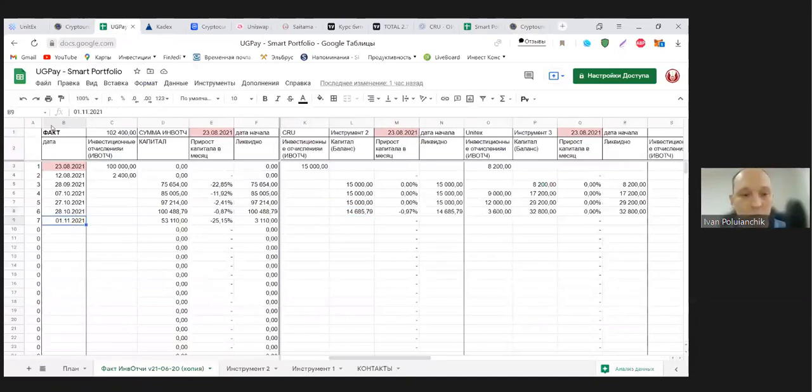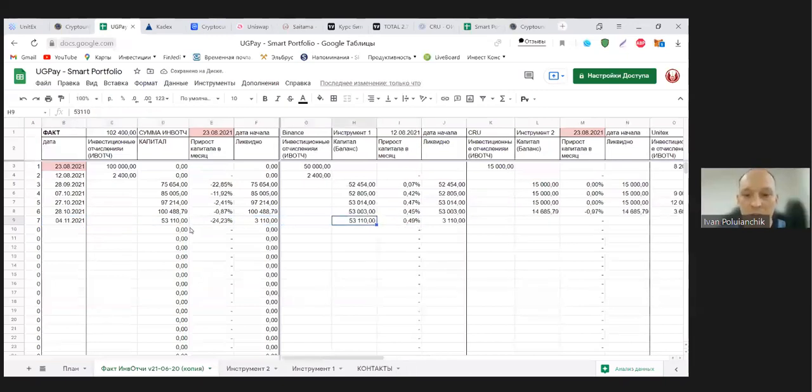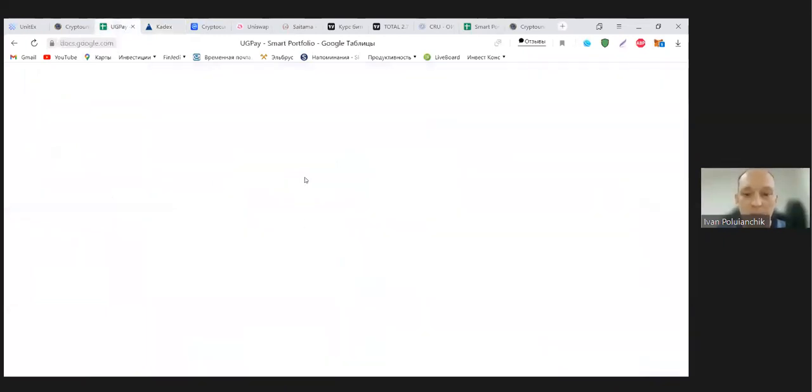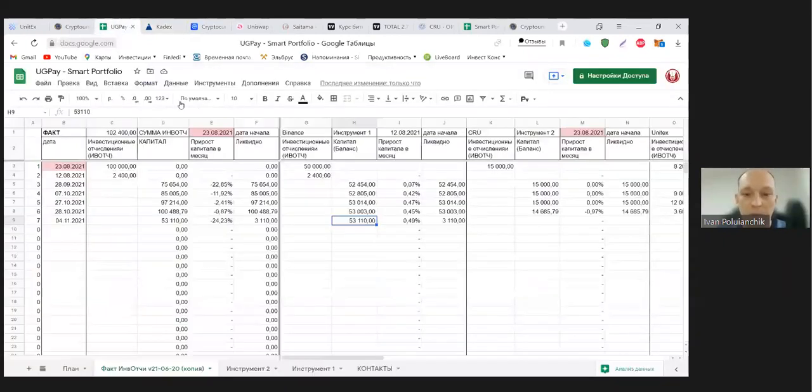So part of the money that was earned from the sale of the Smart Portfolio license was used to buy CRU tokens. So today is the 4th of November. Let me put it here, 4th of November, and let's analyze our portfolio. On the exchange we have, on the Binance exchange, we have 3,250. Give me a second.